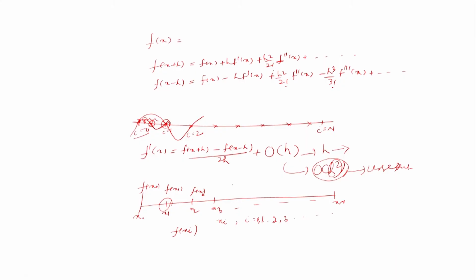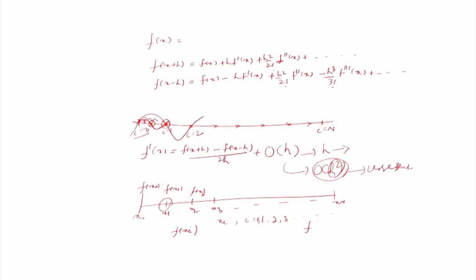Then at a particular point, if we want to find this finite difference approximation in a backward sense, we can write f dash of x as f of x minus f of x minus h divided by h plus the rest of the terms we have just defined.